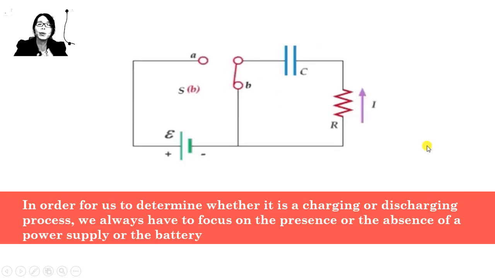I hope you can differentiate between the circuit for charging and discharging. Always focus on the presence or the absence of the power supply. Charging process, we have a power supply. Discharging process, we do not have any power supply or battery.